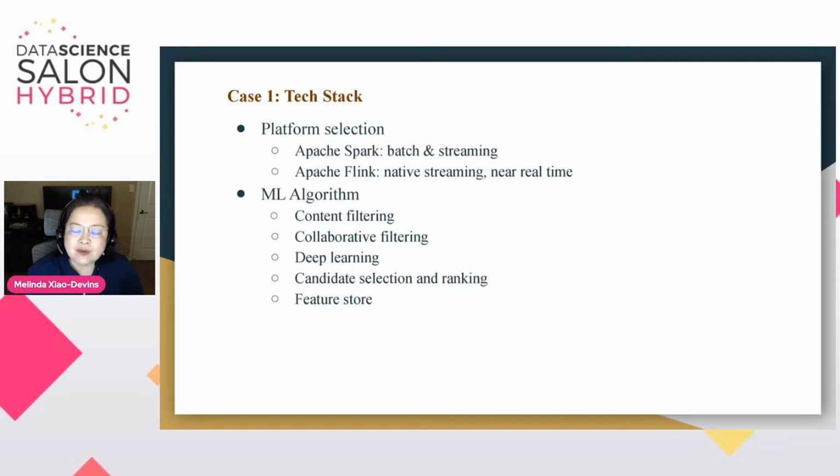From the machine learning algorithm point of view, it's also a very mature practice here. You've got content filtering, you've got collaborative filtering, and you also have deep learning algorithms to choose from. The main focus is to select candidate items and rank those items. And it's very important to build a feature store here.